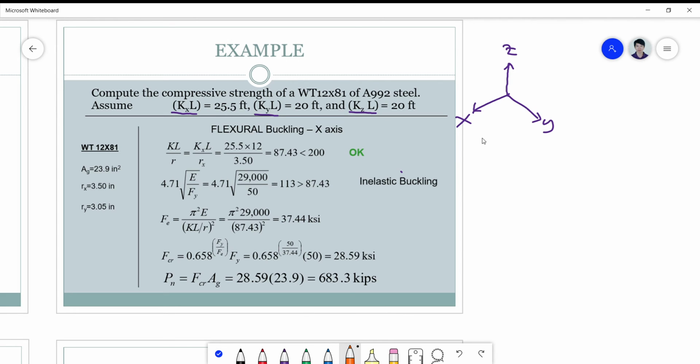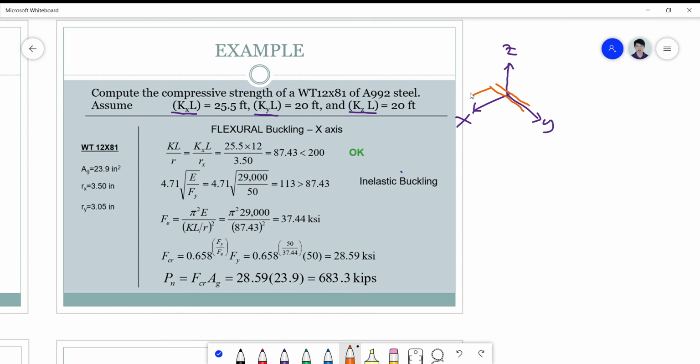Okay, so if we have here a section, okay, so this section may actually be represented by a shape.